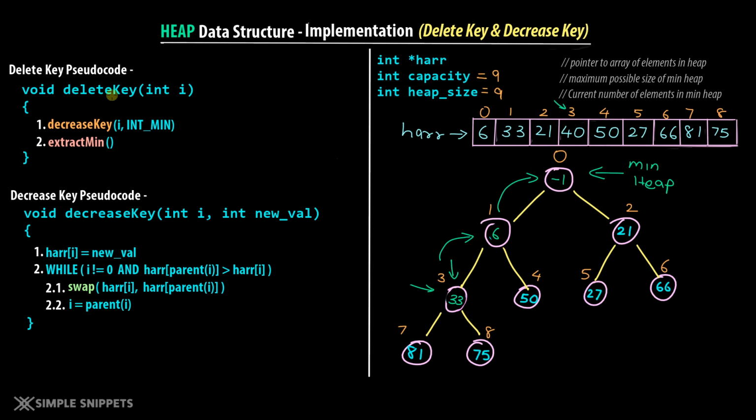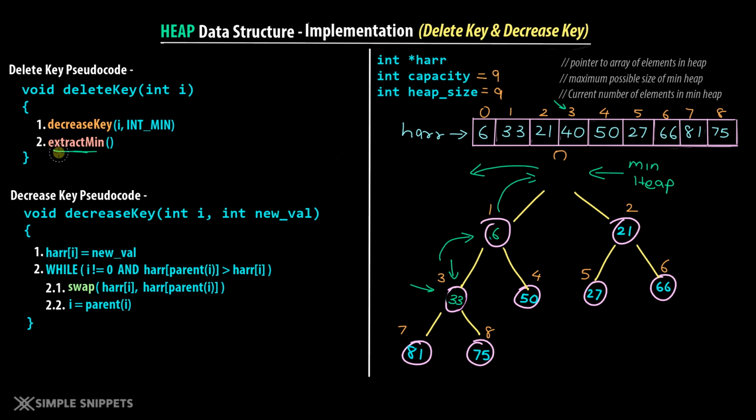On the left hand side you can see the pseudocode, but right now I'm just trying to explain with the help of diagram. So once you get this value at this location, that is the top location, which is the root node, now you can use extract min function and extract the root node. So remember, extract min basically removes off the root node. So you'll return this outside and then this node will be completely erased off.